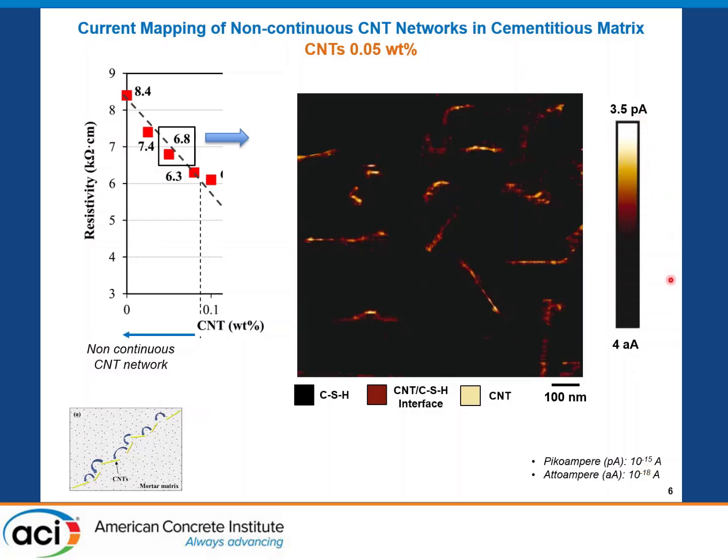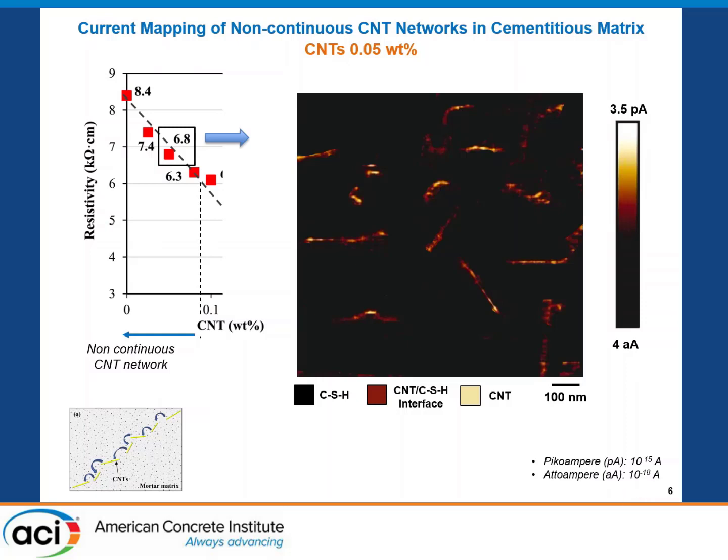And it goes down to the insulating phase, the cementitious phase, 4 attoampere, corresponding to 10 to the power of minus 18 ampere. We are talking about 3 orders of magnitude lower. So we have very high current rates here to evaluate.